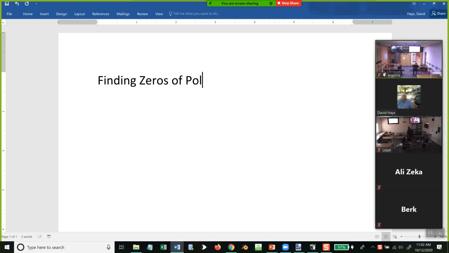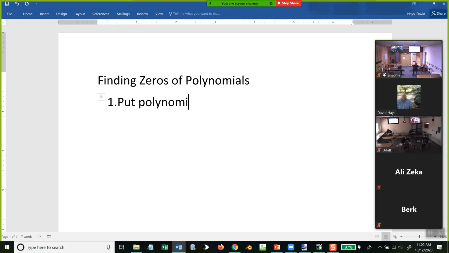Finding zeros of polynomials. Step 1, put polynomial on y1, 0 on y2.